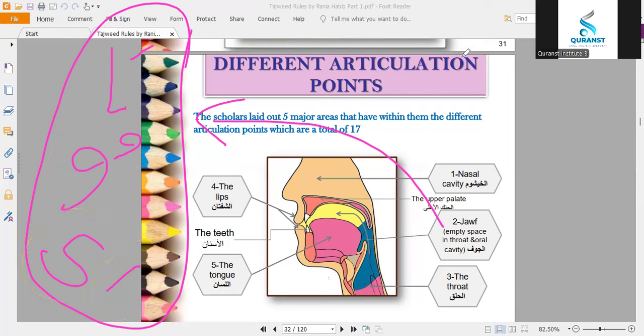So if you want to pronounce all of them, for example, we can depend on this word أوحينا. In this word, we can find at the end of it noon with fatha, then the long vowel alif.